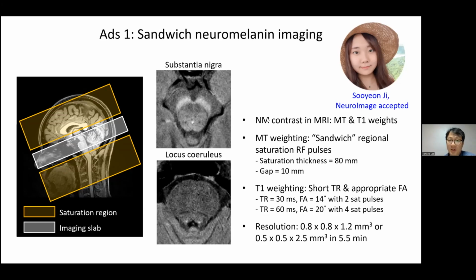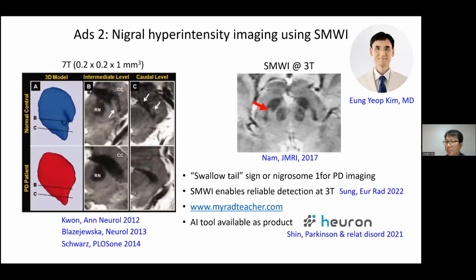What we have developed is a new approach that is vendor neutral, so you can set it up on any of the vendors by utilizing sandwich saturation pulses, or regional saturation pulses, such that you can get a high contrast and high reliability for neuromelanin contrast imaging. That's the first one that I want to briefly introduce.